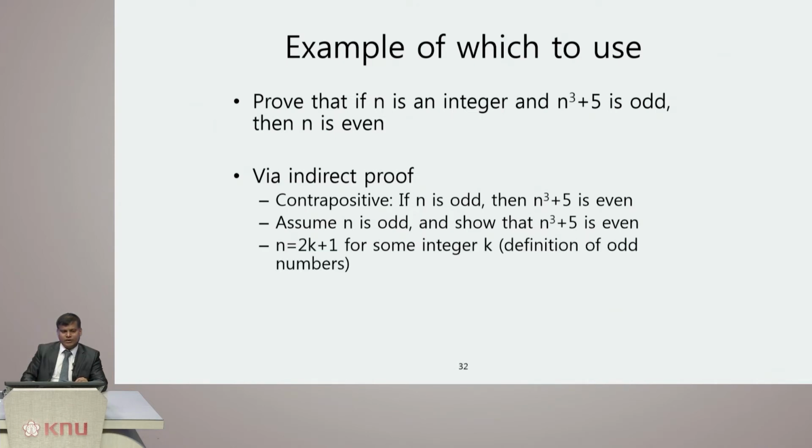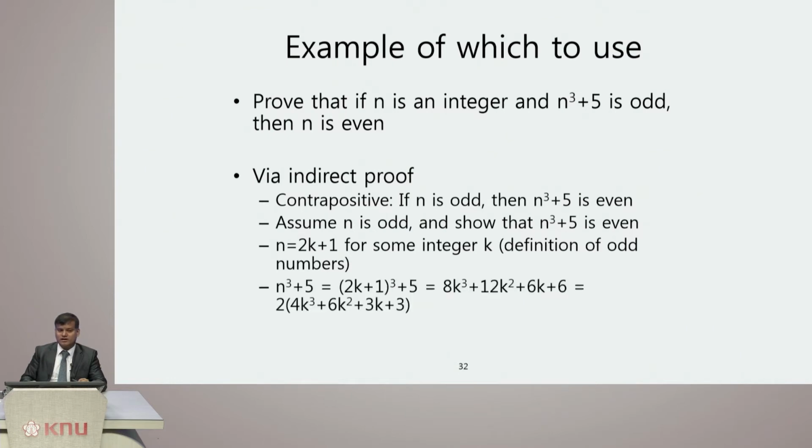So n equals 2k plus 1 for some integer k. Right now n is an odd number, 2k plus 1. Then n cube plus 5 equals 2k plus 1 the whole cube plus 5, because our n is 2k plus 1. So we are taking the cube of that plus 5, and expanding by the formula, we come up with 8k cube plus 12k square plus 6k plus 6.